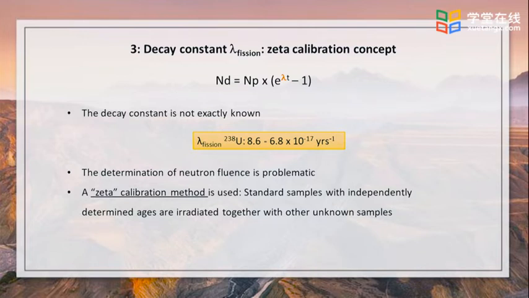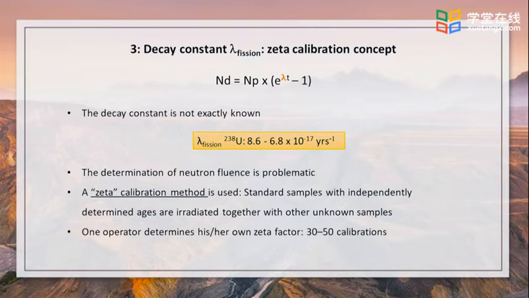In this way, each operator determines his or her own zeta calibration factor, and knowledge of the fission decay constant and irradiation flux is not needed. In practice, an individual analyst will undertake around 30 to 50 calibrations to determine their own particular zeta value for a given dosimeter. Thus, zeta also absorbs some of the vagaries of the observation process.